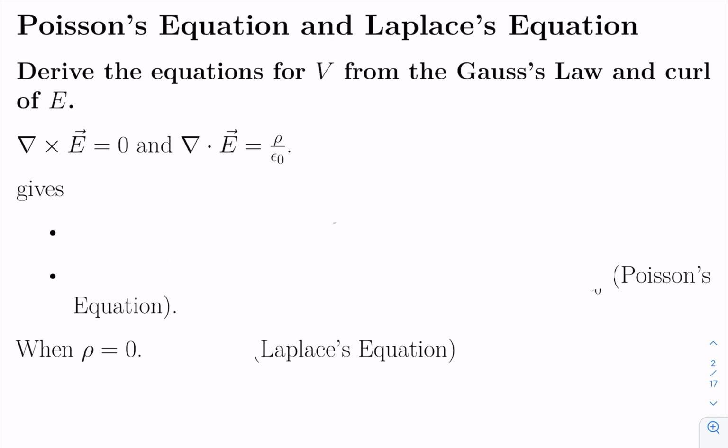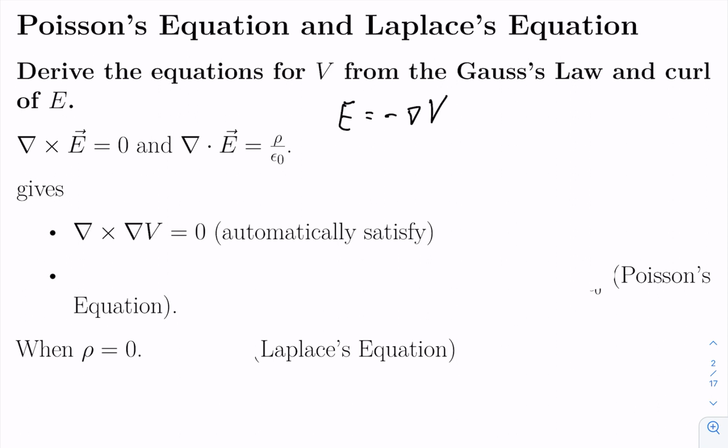If we apply the first equation, because the electric field can be written as the negative gradient of a scalar potential, and we plug this in, we get del cross gradient of V equals 0.